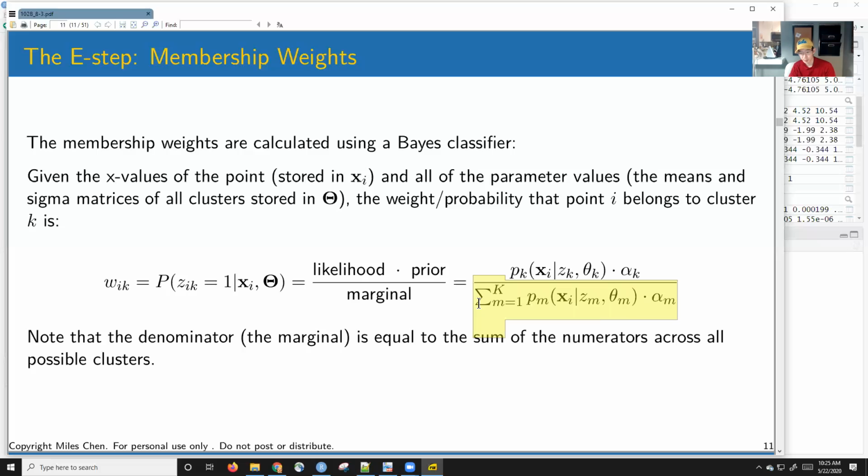Like we've said many times with the Bayes classifier, the marginal probability in the denominator is the sum of the numerator across all possible clusters. So we calculate the numerator across all possible clusters and add them up.